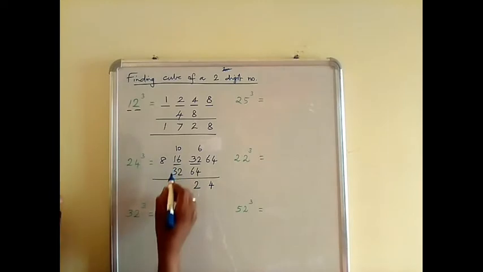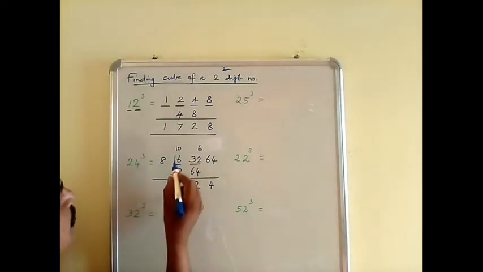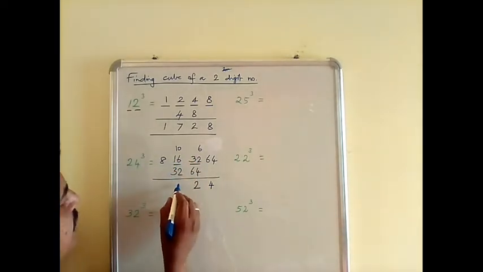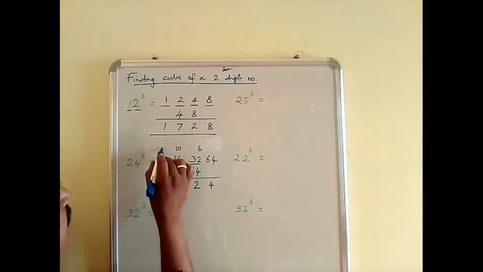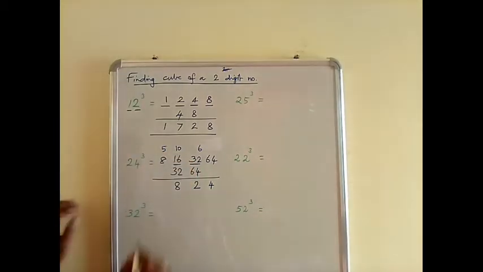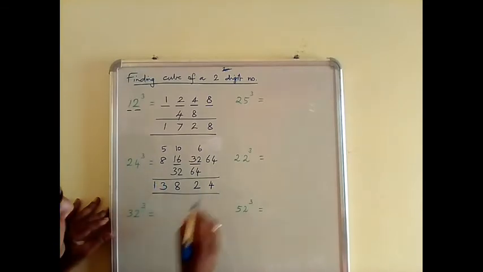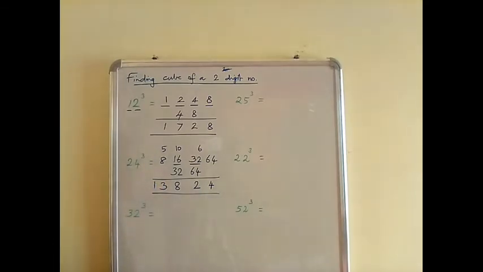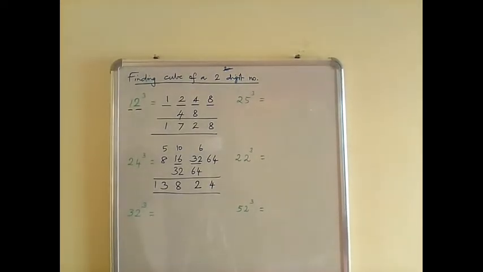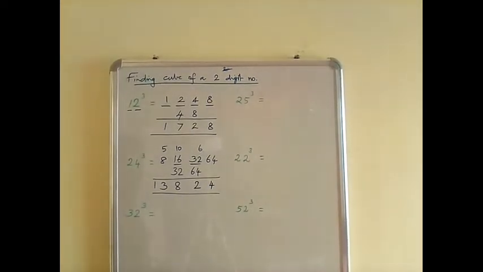Now adding 32, 42, 52, 58. So 8, carry 5. 8 plus 5 is 13. So 24 cube is nothing but 13,824. In a simple way you can do this.